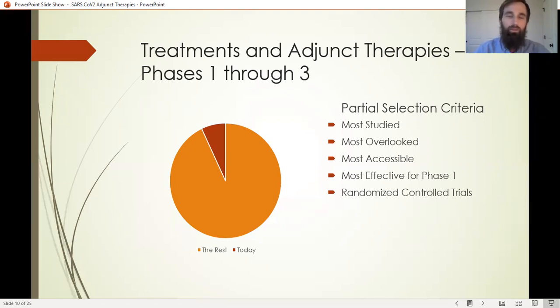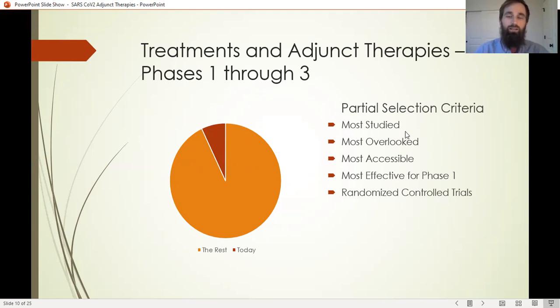there's way more than we can cover today. We're just covering a very small part. You can see our little pie chart here. We're just going to cover this small sliver of red, basically, and there's so much more that we don't have time to cover. Part of my selection criteria for these studies that we're going to look at: I chose some of the natural remedies, some of the adjunct therapies, that have been most studied.